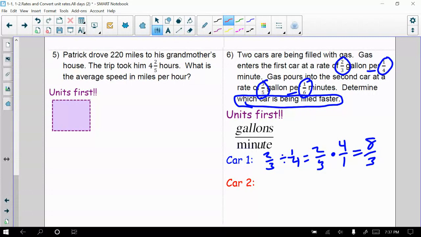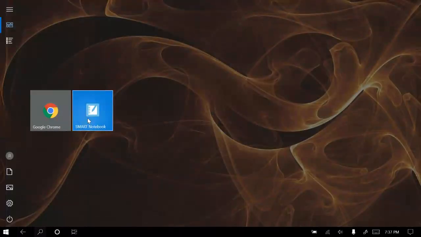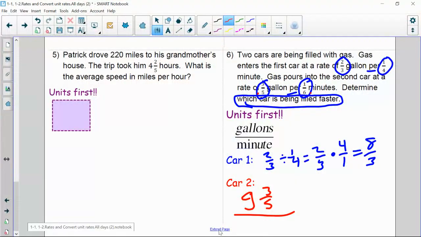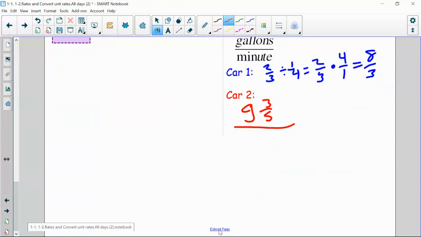Car 2 is the 3/5 divided by 1/6, because we have our gallons of 3/5 divided by, what was our minutes on that one?